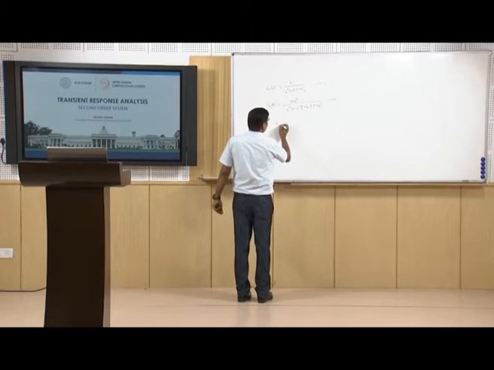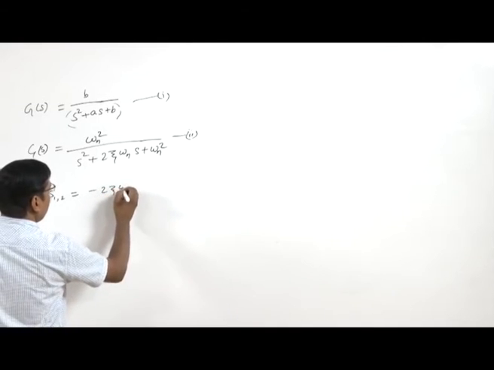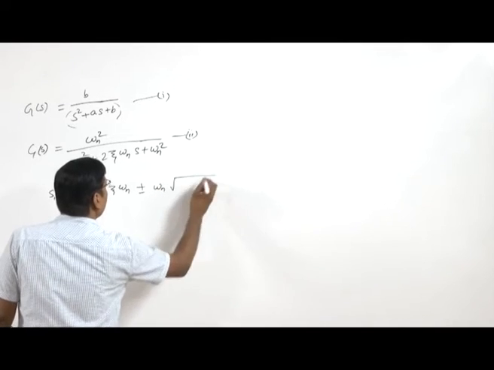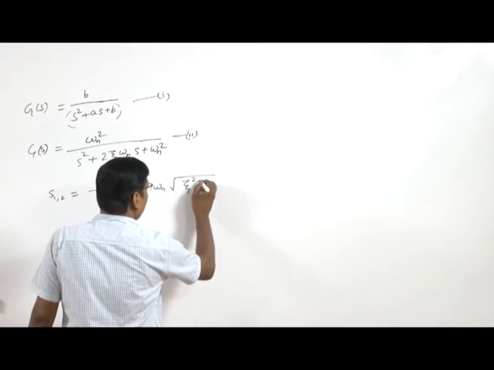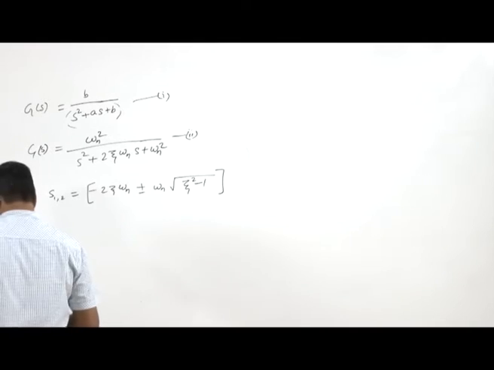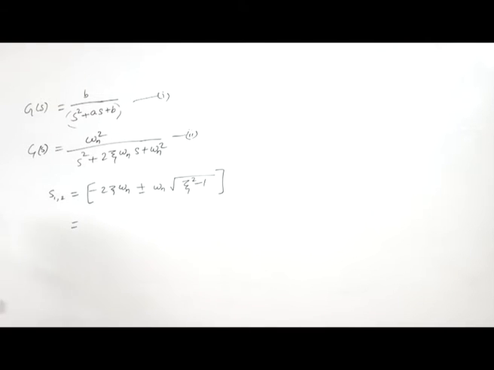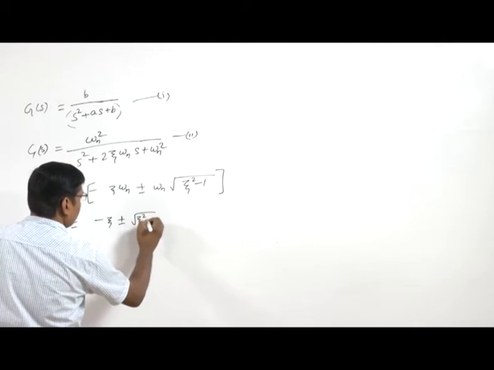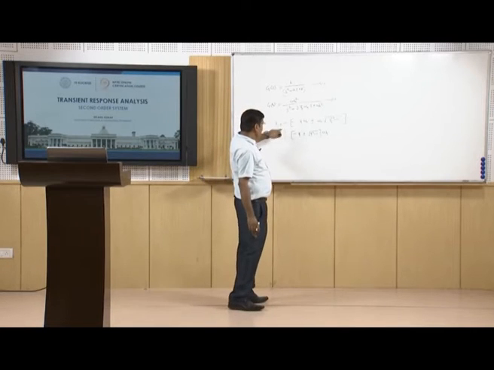So here s1,2 we can write as minus zeta omega n plus minus omega n root zeta square minus 1. So these are the 2 roots for this equation number 2, this transfer function.